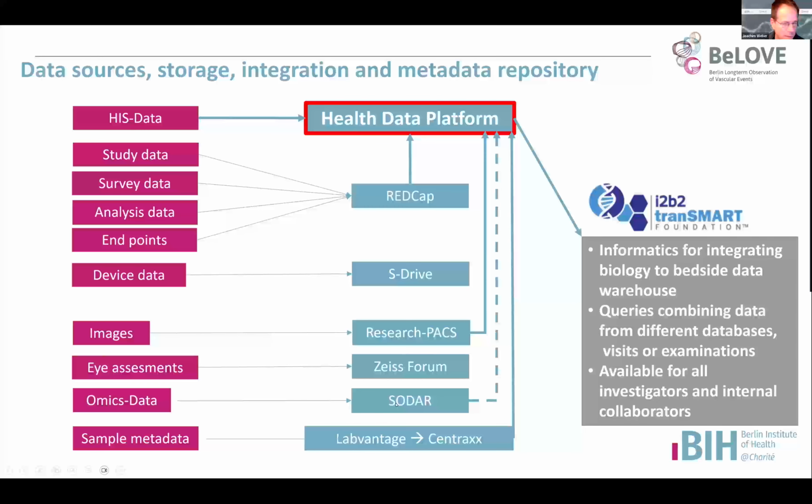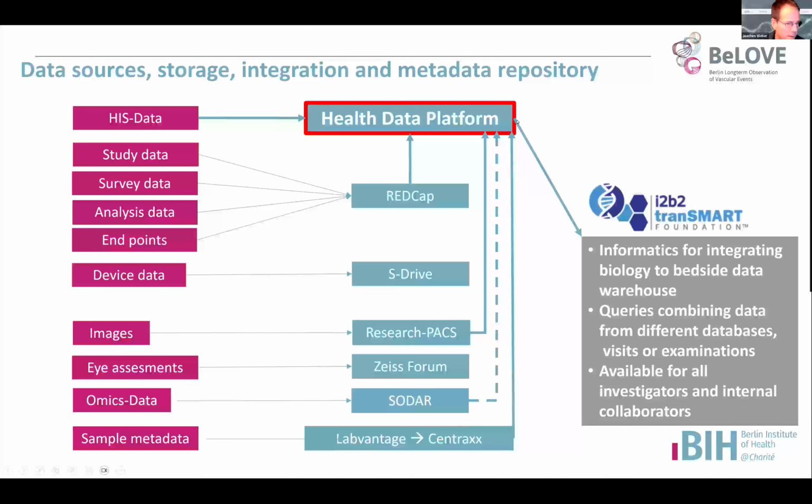We have omics data, which are handled in a system on the core unit bioinformatics. It's called the Solar system, and this will be connected to the health data platform in the next months. And we have also the metadata of the biosamples, which are connected to the Centrac system. This is connected to the health data platform. So most of the data sources are currently connected to the HDP, but not all.